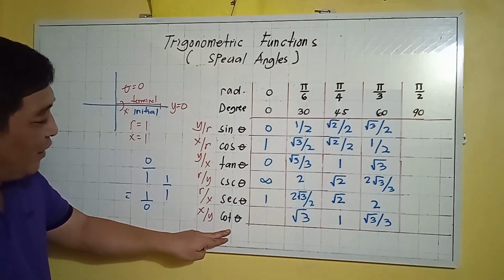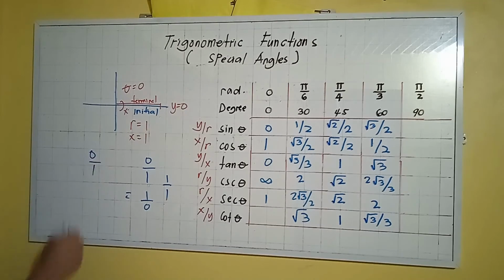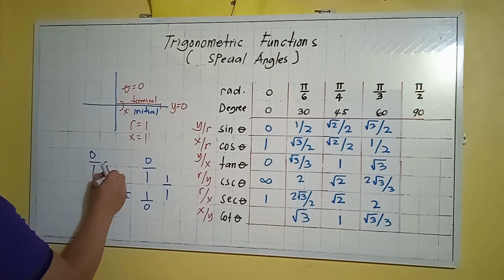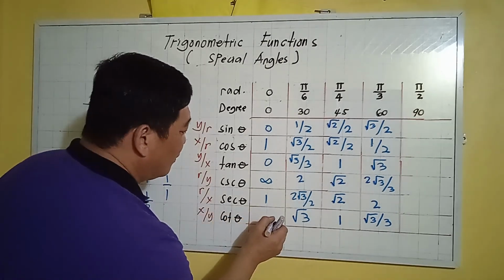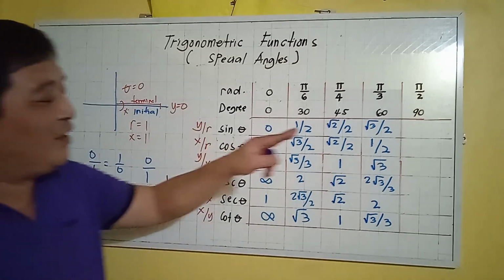Now, cotangent theta is x over y, 0 over 1, and the reciprocal, r over y, is 1 over 0. And this one is also infinity. How about 90 degrees?